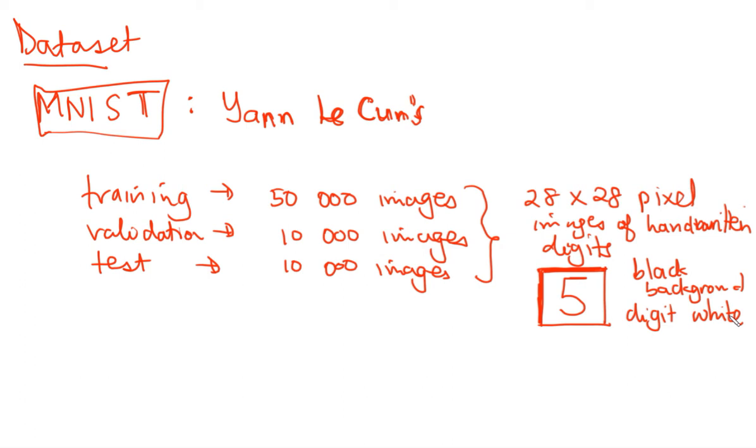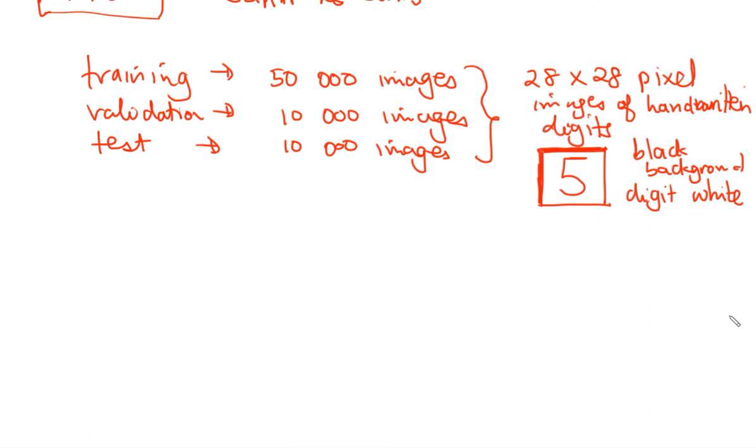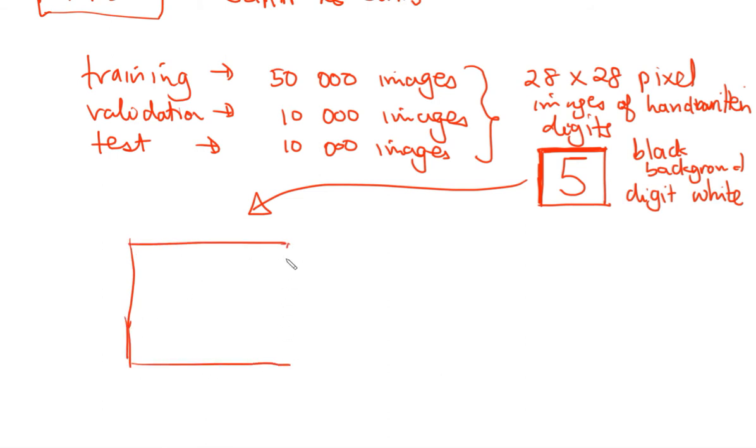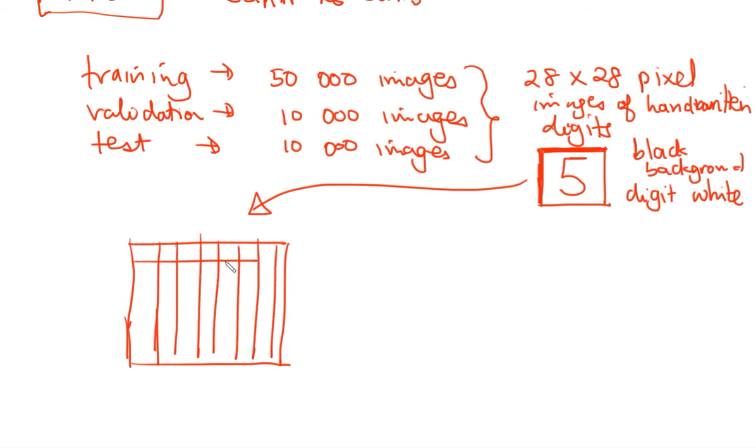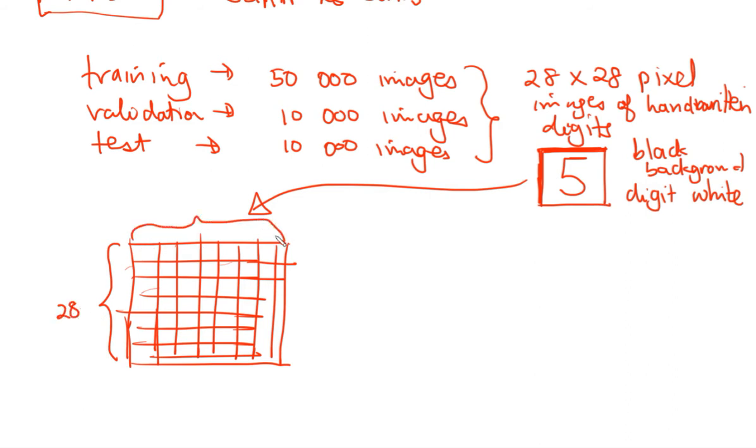Each image is composed of an array, a 28 by 28 grid like this. So for that image, it's an array, like a grid. Here we have 28 boxes, and 28 here, because it has to be 28 by 28.